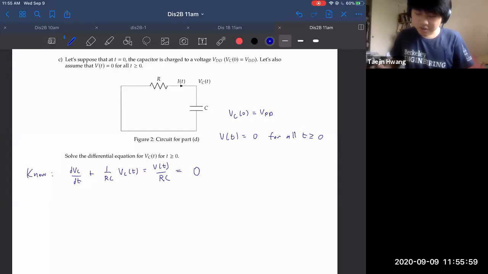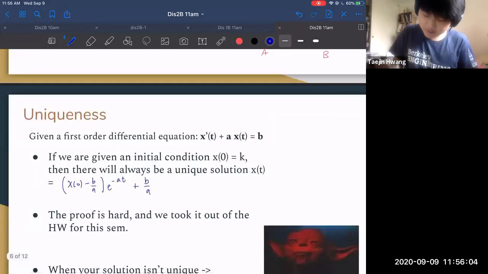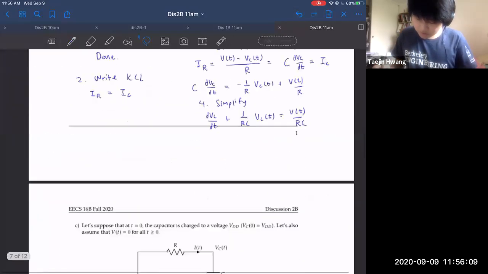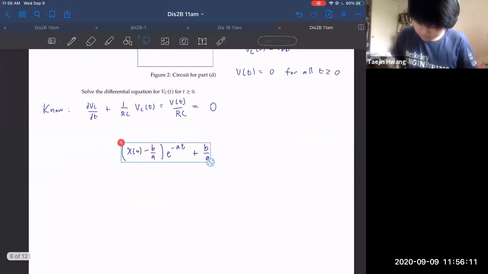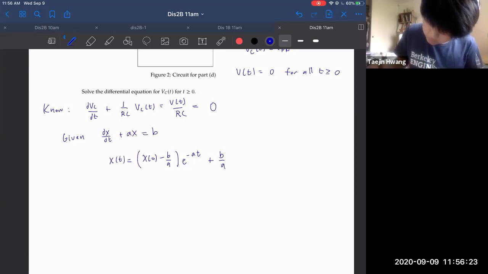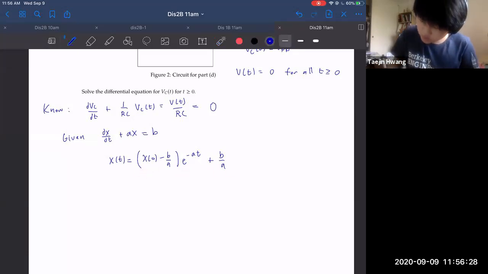And from here, it really is just plugging in what we knew from way back. We also know that, given dx/dt plus ax is equal to b, x of t is equal to this formula that we derived earlier in discussion. And we know that Vc of 0 is equal to VDD.